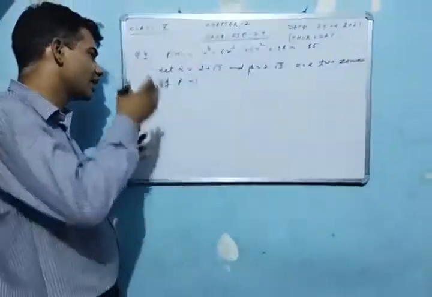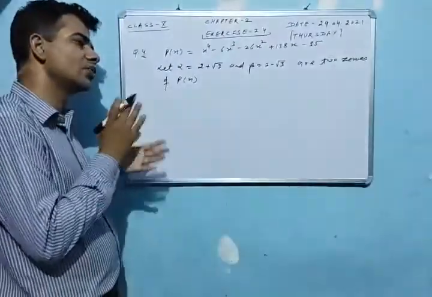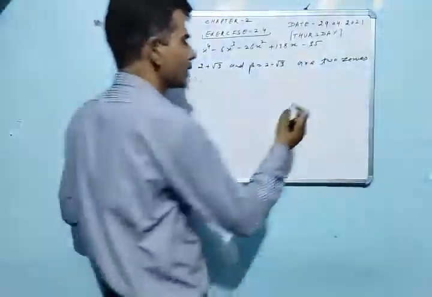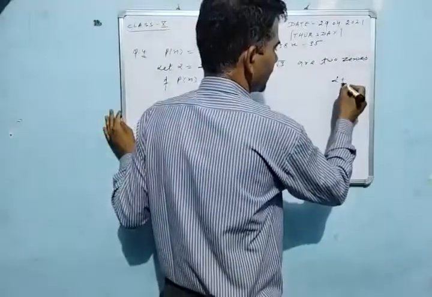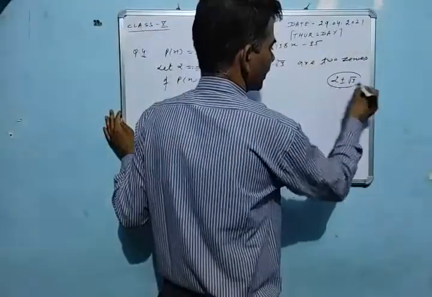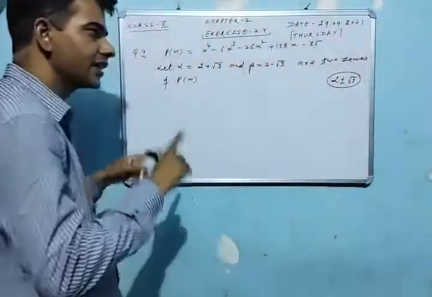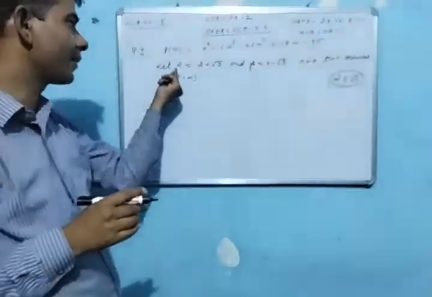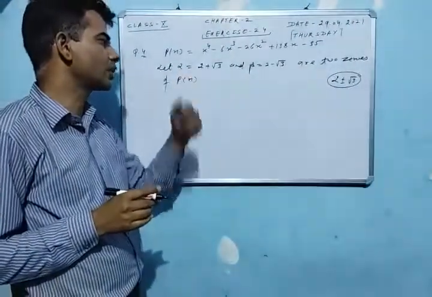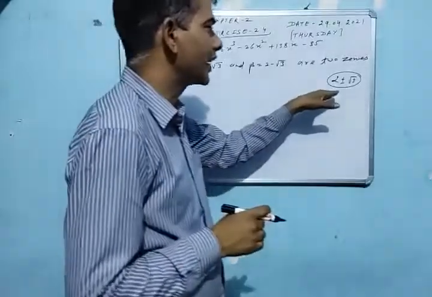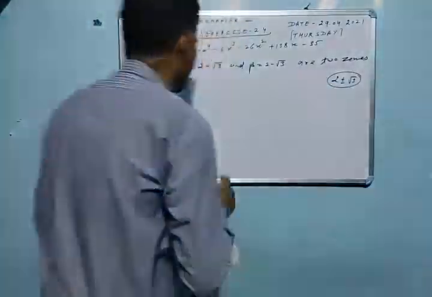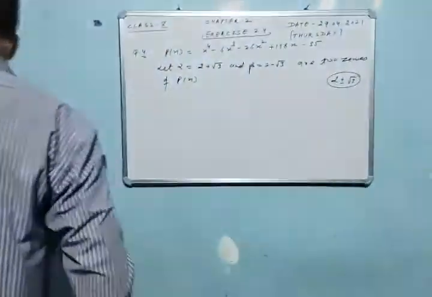But students, two zeros are already given, that is 2 plus minus root 3. It means let alpha be equal to 2 plus root 3 and beta be equal to 2 minus root 3, the two zeros of P of x.